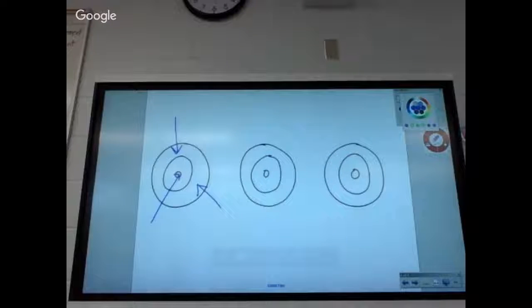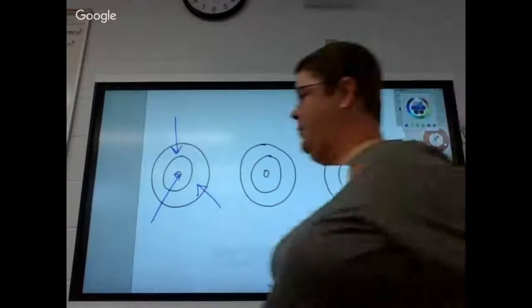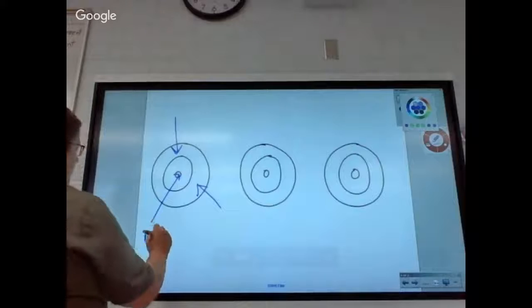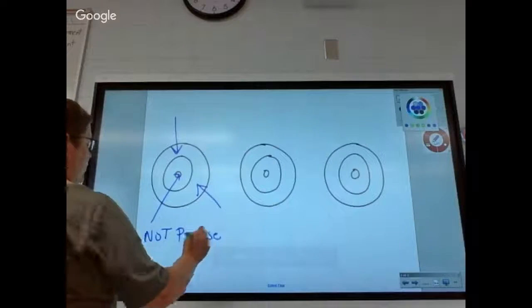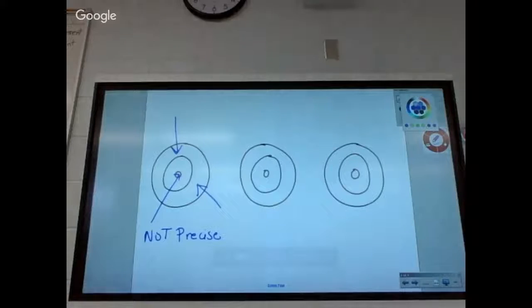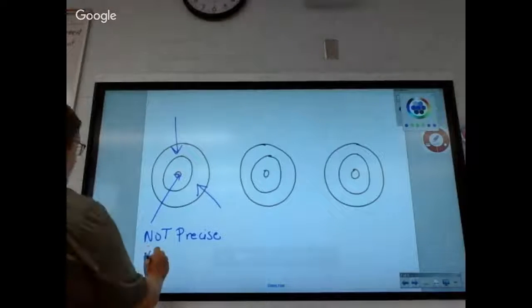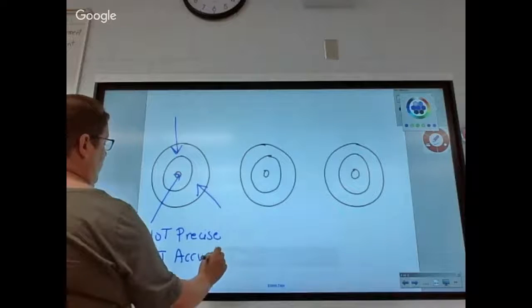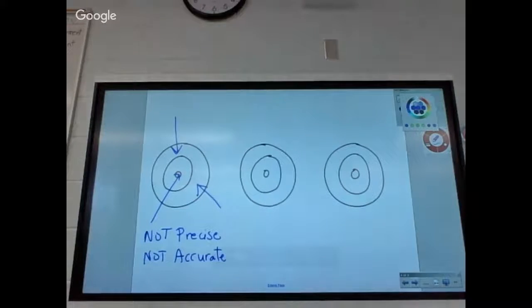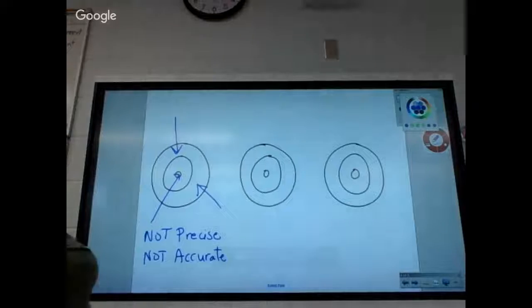You're not very precise. I am not precise at all. I got darts all over the place. So I am not precise. Am I accurate? If I hit 1 out of 3, am I accurate? No. Nah, I suck. Put it this way. If I go play somebody in a game of darts, am I going to win? Nah, I'm not going to win either.